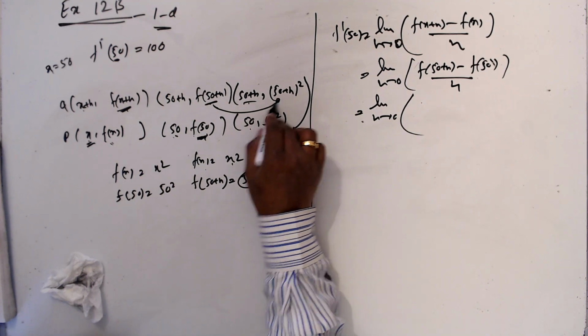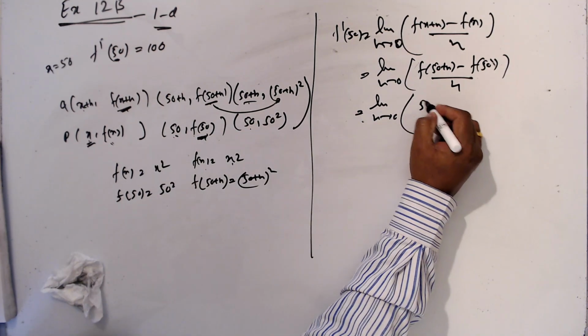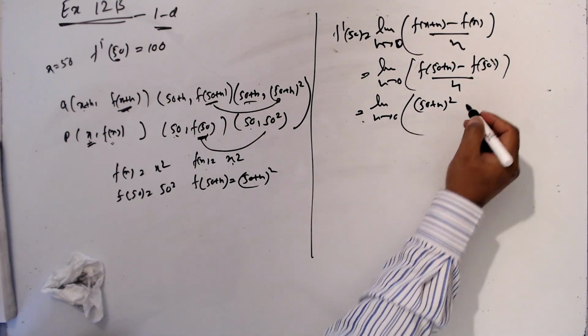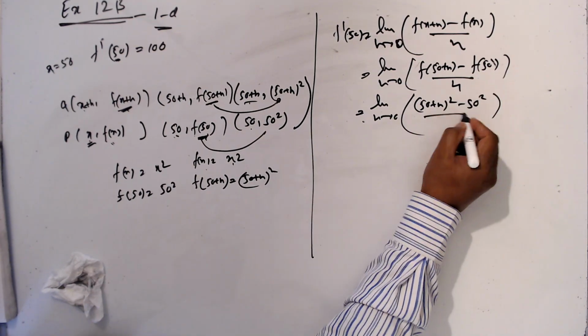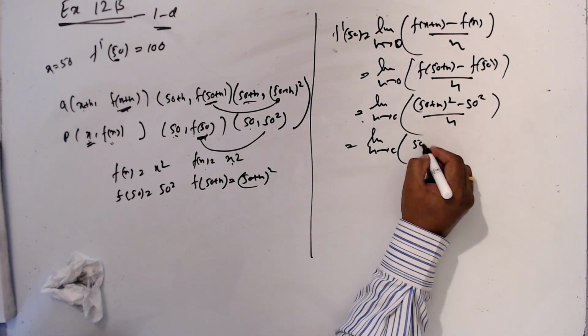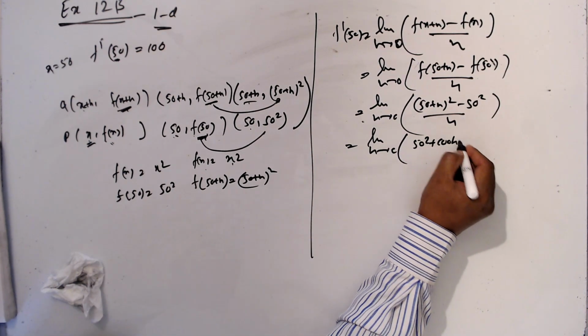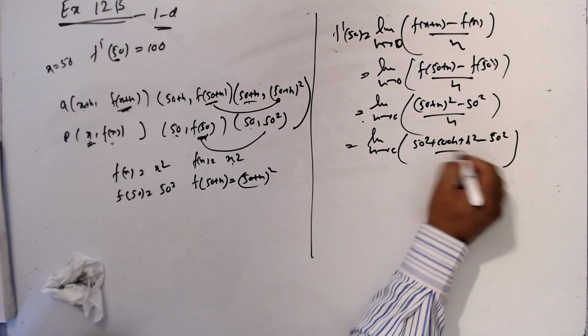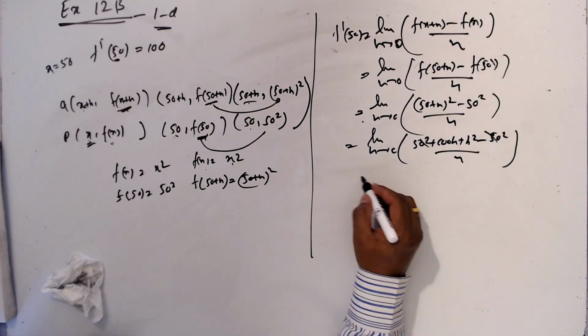This means (50 plus h) square, and 50 means this one, 50 square, over h. Expanding: 50 square plus 100h plus h square, minus 50 square, over h. This cancels out.